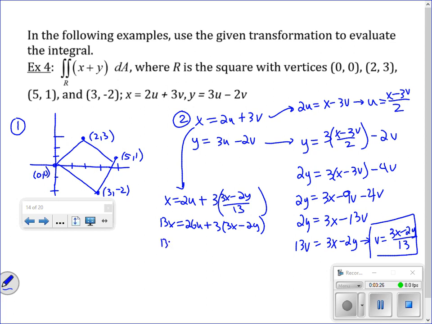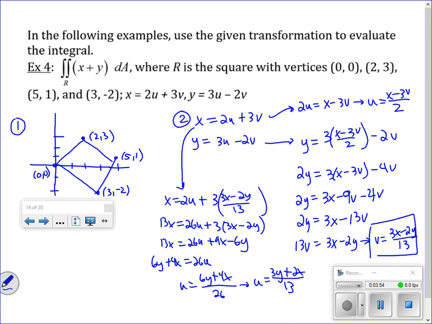So I have 13x equals 26u plus 9x minus 6y. So I got 6y plus 4x equals 26u. So u would be (6y plus 4x) over 26. So u, divide everything by 2, is (3y plus 2x) over 13. So those will be useful later.